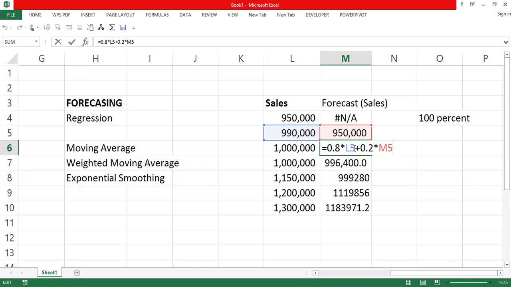The remaining 80%, which is 0.8, should be multiplied by the previous actual. Did that answer your question? Yes, sir. The 0.8 came about because we chose 0.2 as our damping factor. So 1 minus 0.2 gives you 0.8. Okay, sir.